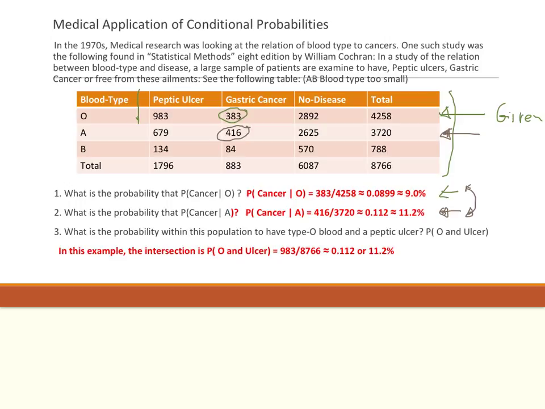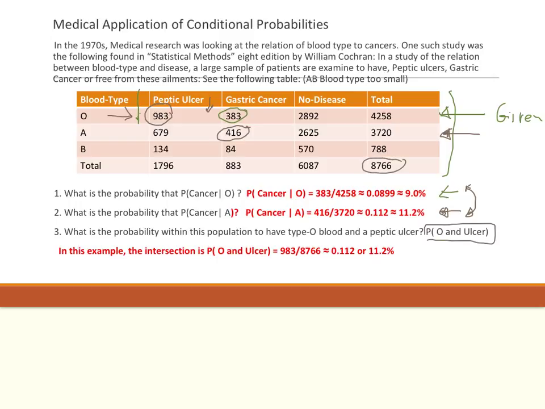And then finally, in this example, what's the probability within this population to have type O blood and peptic ulcer? So now we're looking at the AND statement. And here we go inside the table where there's an intersection between peptic ulcer and O-type blood, which is 983, to the total sample.